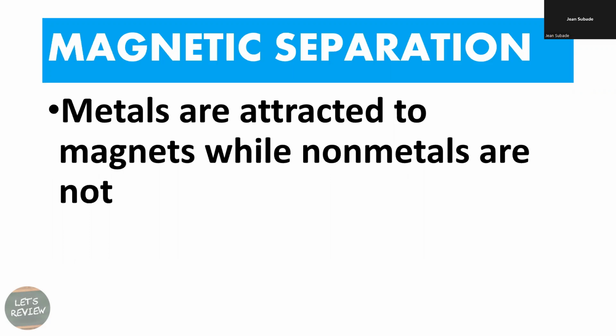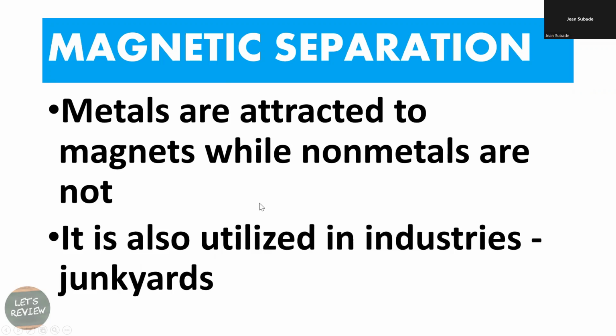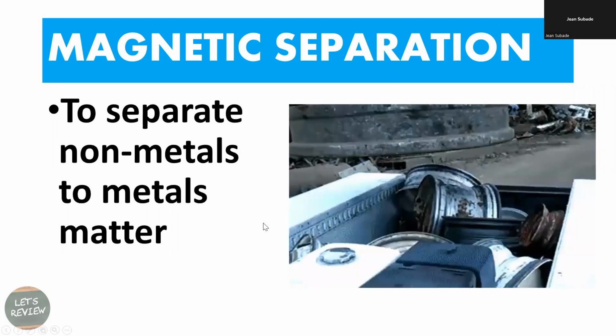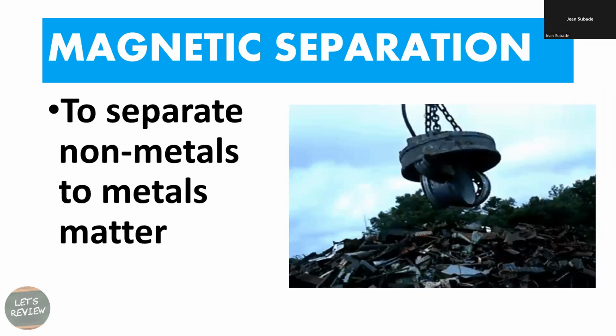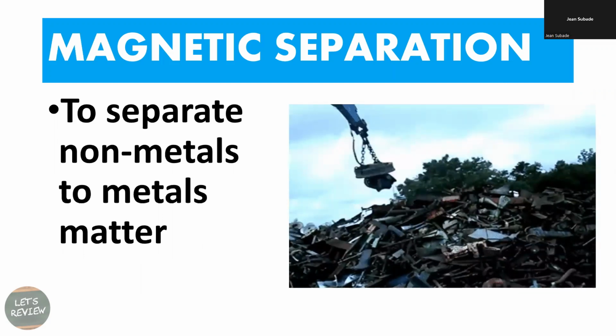Since we all know that metals are attracted to magnets and non-metals are not, to separate metals from non-metals, we can use this process of separation. We call it magnetic separation. It is also used in industries such as junkyards, am I right? Yeah, for separating metals from non-metal matter.